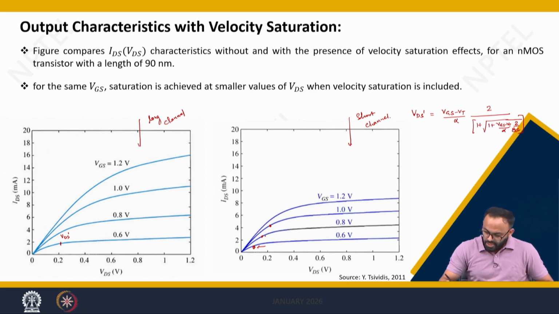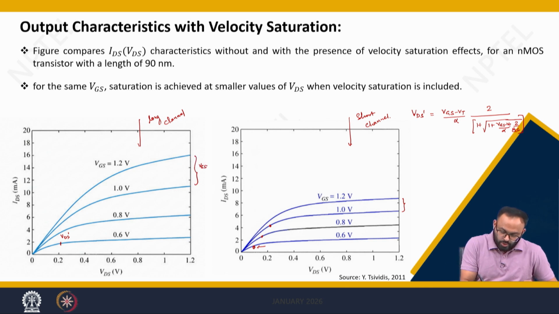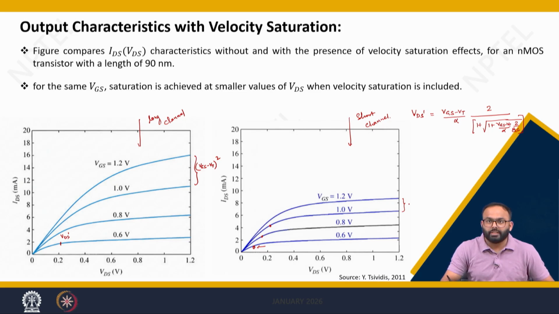Point number 2 is that the spacing between the curves is no longer square, it is not quadratic, it is almost linear. We have already seen that even without velocity saturation, because of mobility effect and source and drain resistances, this spacing becomes linear, which is almost VGS minus VT. We can also justify this by including velocity saturation.